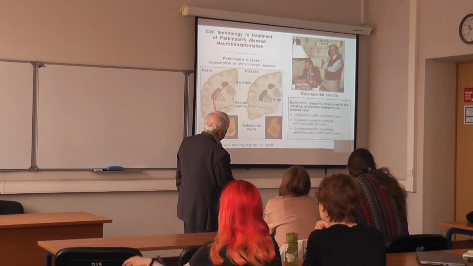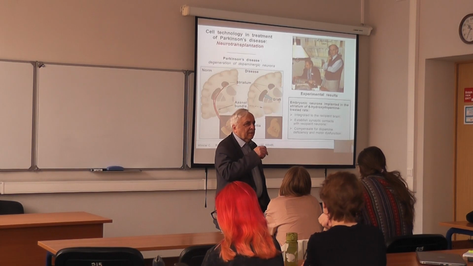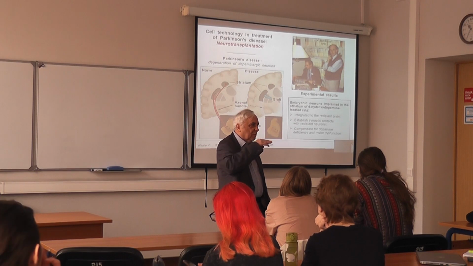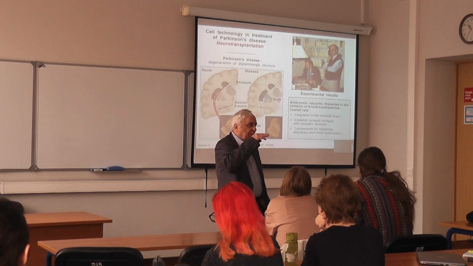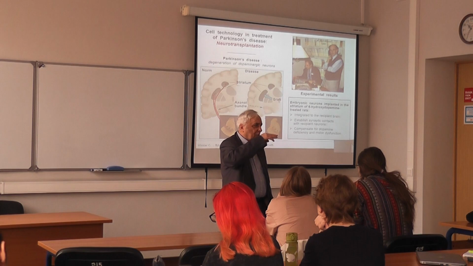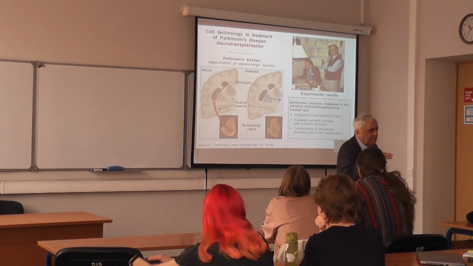He demonstrated in animal models of Parkinson's disease that the implantation of healthy dopaminergic neurons into animals with degraded dopaminergic neurons has a 100% therapeutic effect. So the movement disorders of these animals completely disappear.